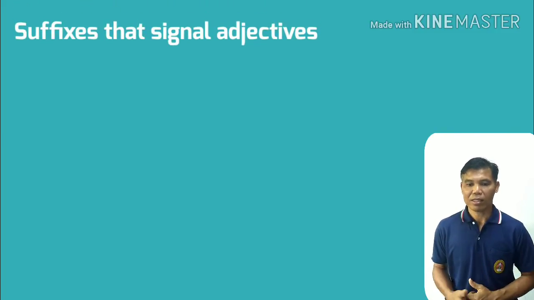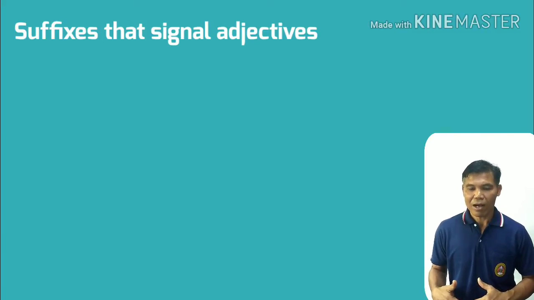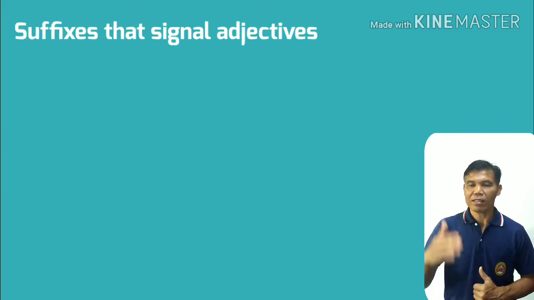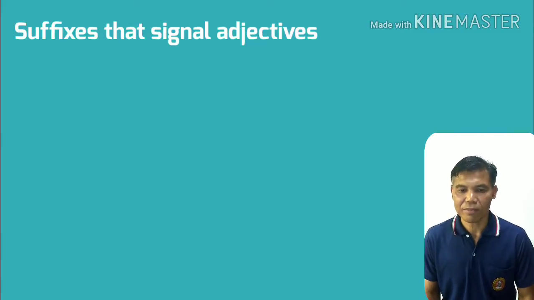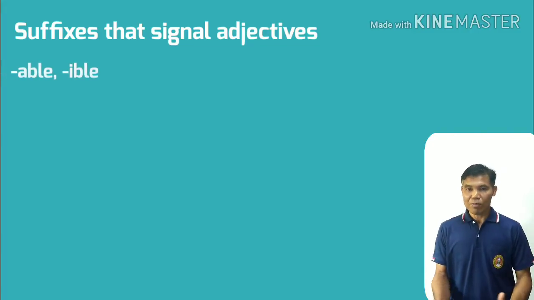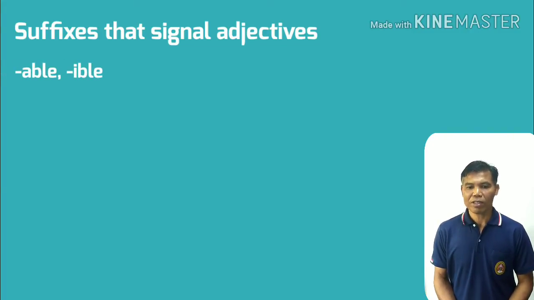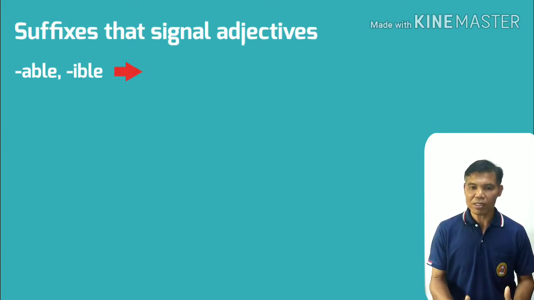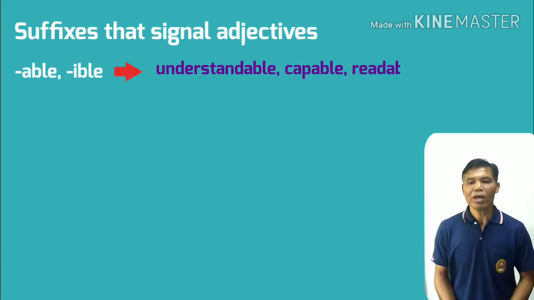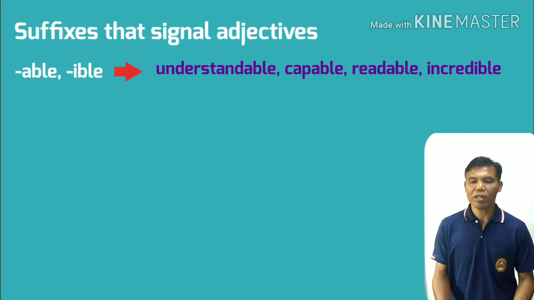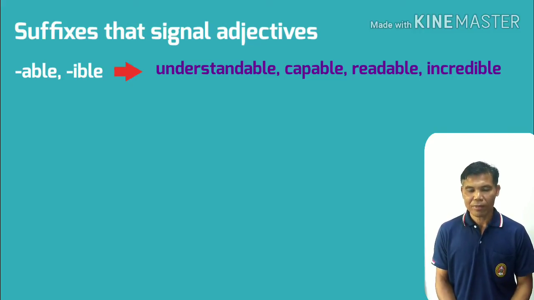But for complex adjectives, they have suffixes that tell us that they are adjective. So let's have a look at the suffix that signals adjective in English. The first one is able or ible. For example, if you see words such as understandable, capable, readable, incredible, you can be nearly 100% sure that these words are adjective.